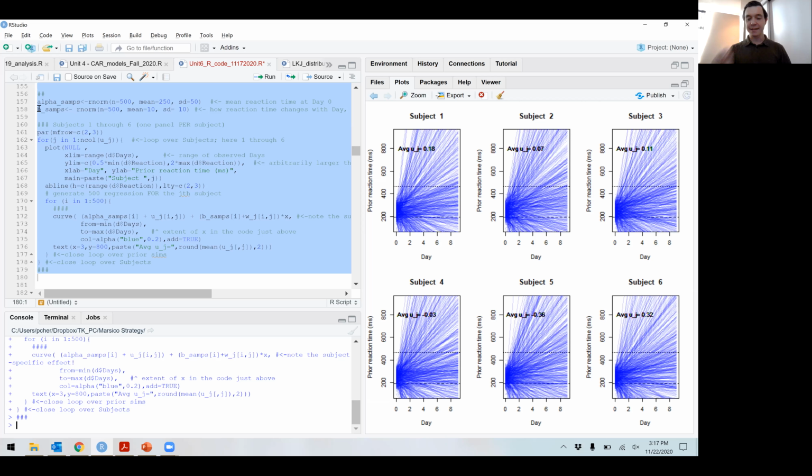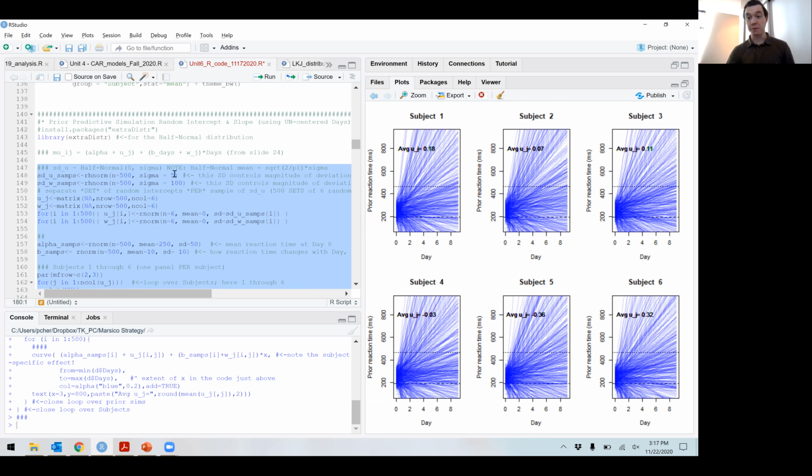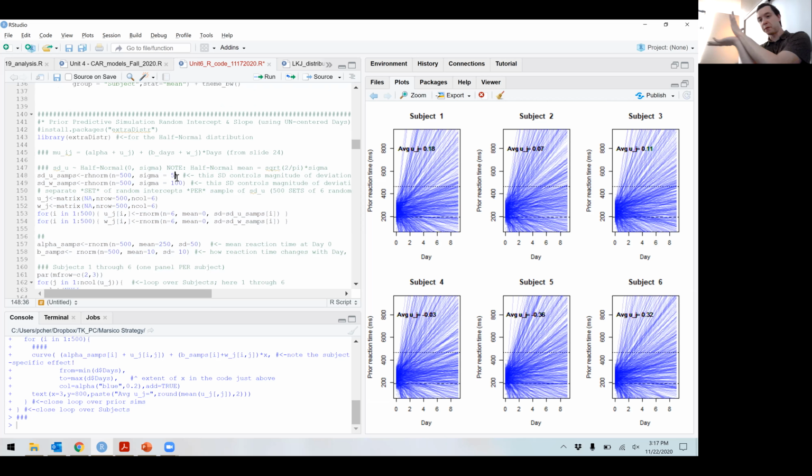So you should recognize this as being kind of a ridiculous set of prior simulations. There is a point at which all of these regression lines are forced to join, right? Because my between intercept standard deviation was set at 5. And then I'm forcing the effect of days to be super different between subjects. And so it's going to fan out.